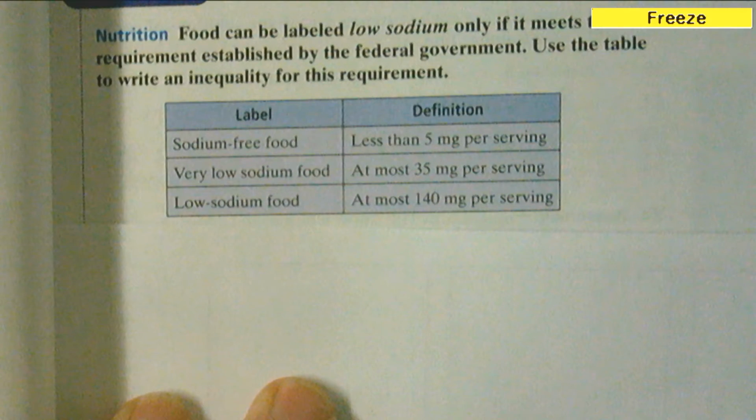It says, food can be labeled low sodium only if it meets the requirements established by the federal government. Use the table to write an inequality for this requirement. So we want to write an inequality for the low sodium. So all of you do this, please.